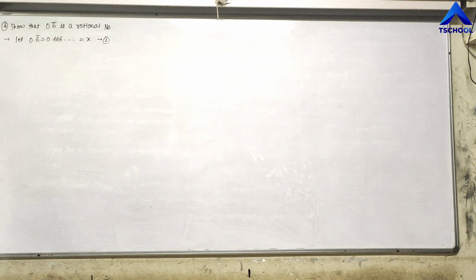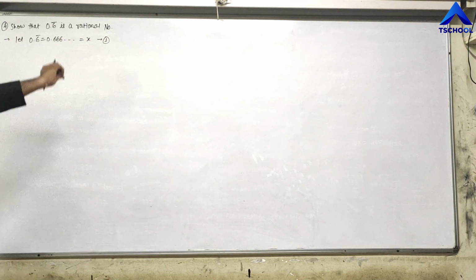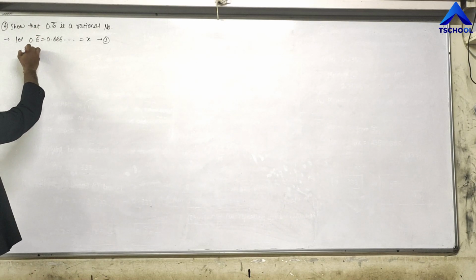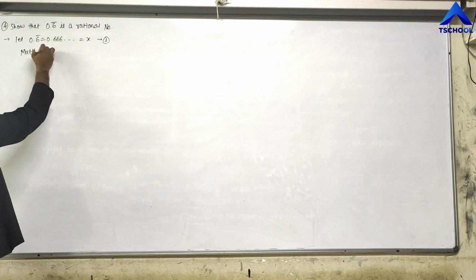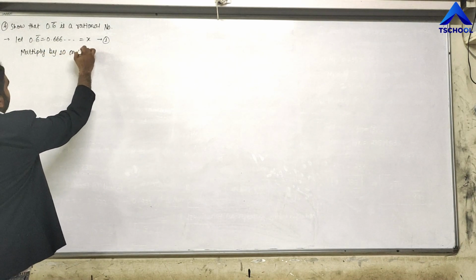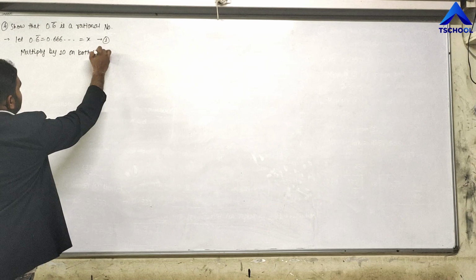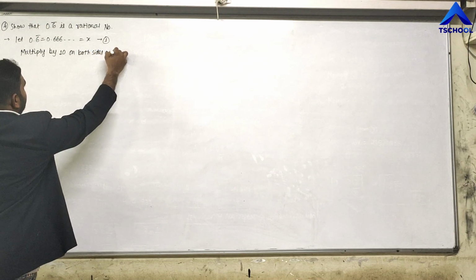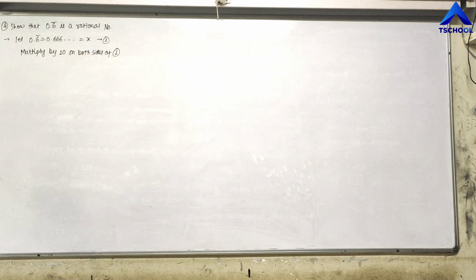So we have taken 0.666... as x, then multiply by 10 on both sides of equation 1.